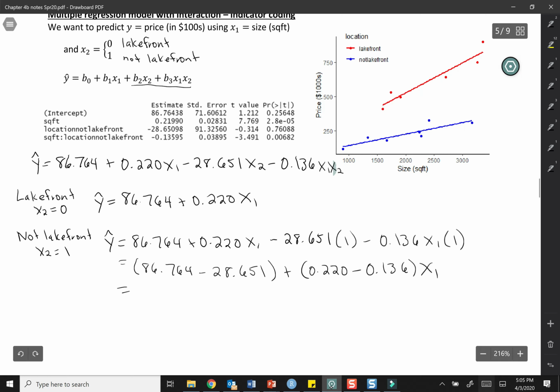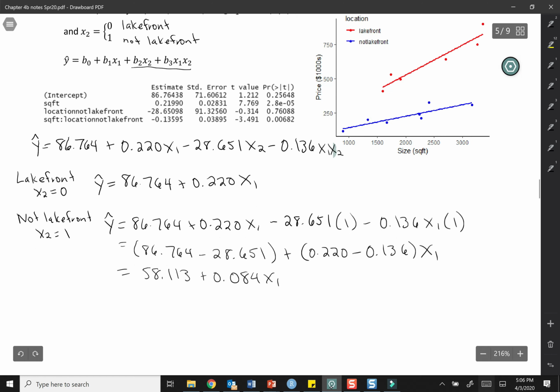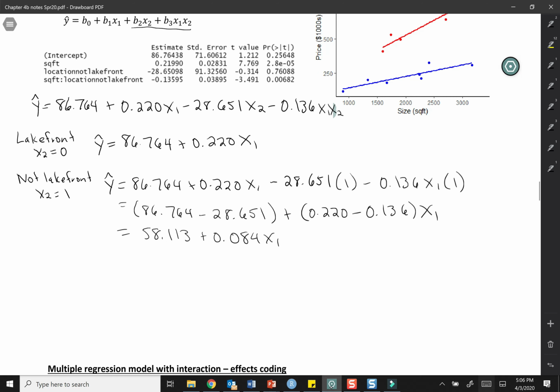So now I have a line for not lakefront houses that has a new intercept, 58.113, and it has a new slope, 0.084 times x1. So when you have an interaction term in the model, you not only get a different intercept, you also get a different slope. So we can basically be more precise with those descriptions that we gave earlier.